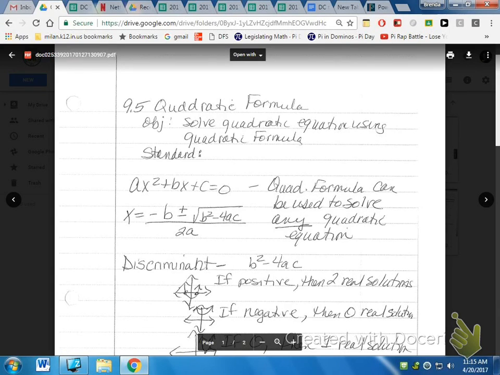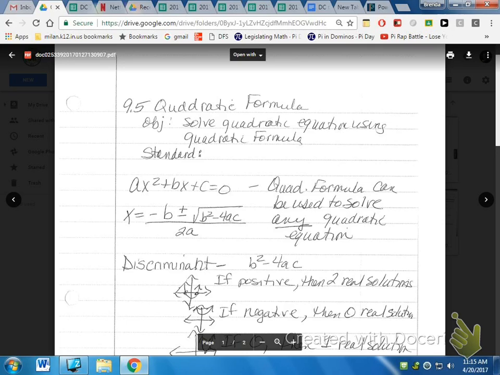Lesson 9.5, Quadratic Formula. The objective today is to solve quadratic equations using the quadratic formula. We have looked at quadratic equations for quite a while now, and we have solved them in a variety of ways. We started by learning how to factor them and set each factor equal to 0.